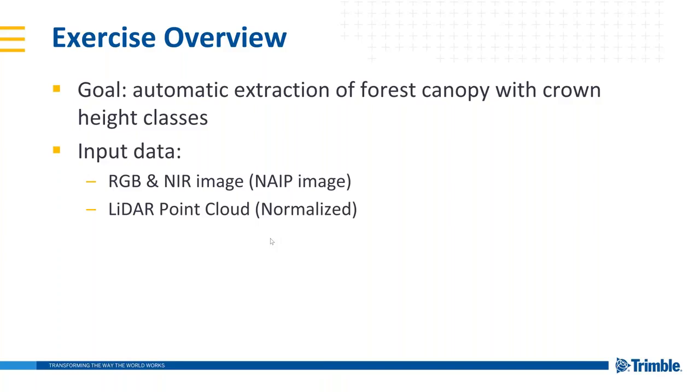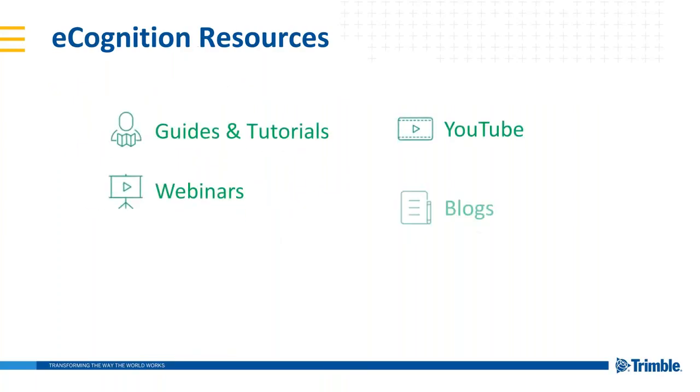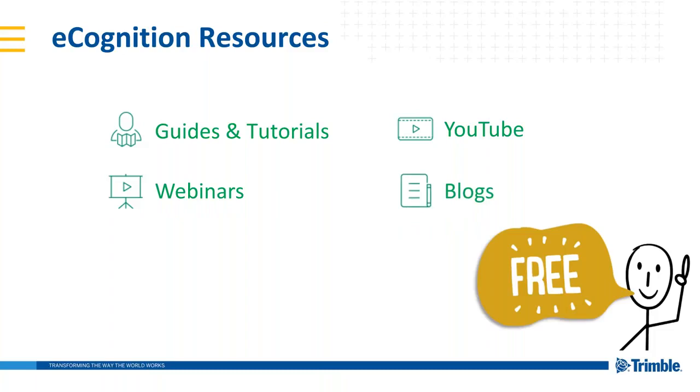Where do I go maybe from here if I'm a new eCognition user? Where can I get more information to speed up the learning process of this software? So we have a number of different resources available. There are guided tours and tutorials, YouTube videos that Matthias has already mentioned, of course, our webinar series, and we also have several blogs that can be subscribed to.